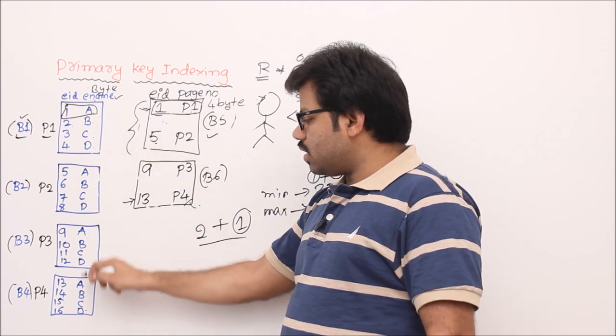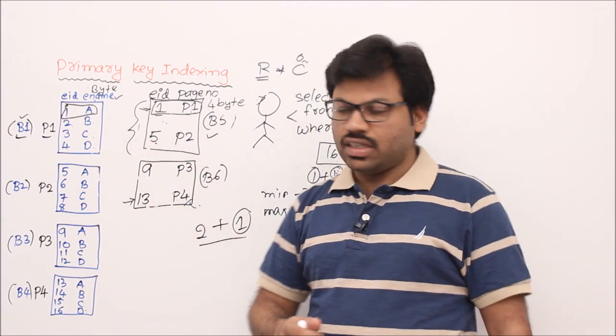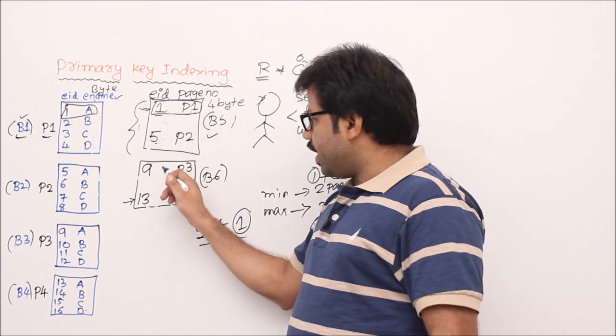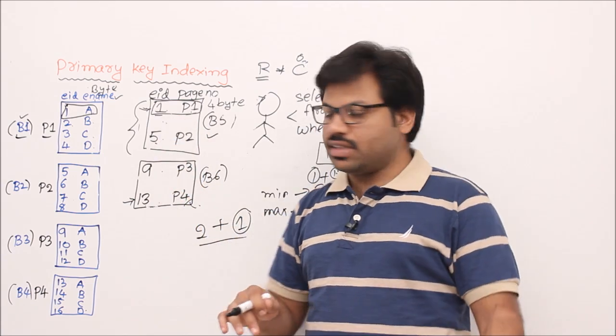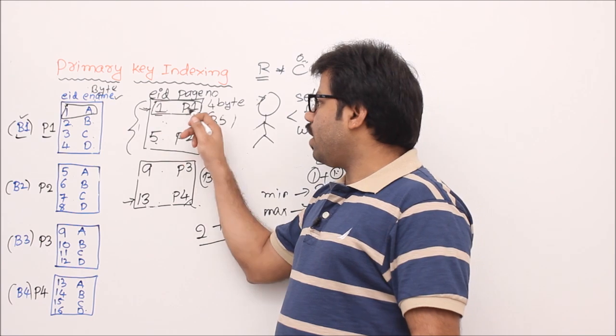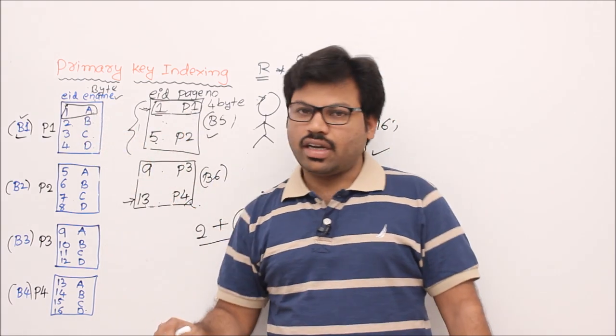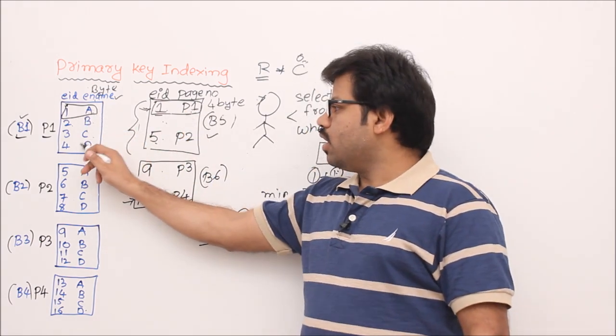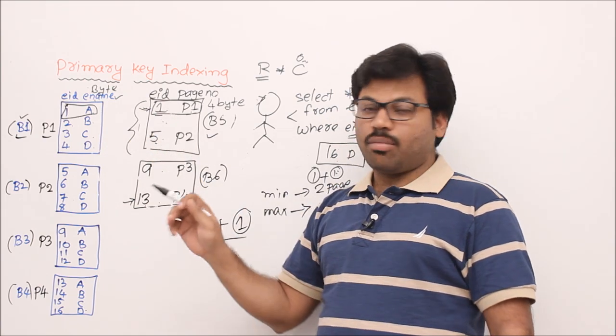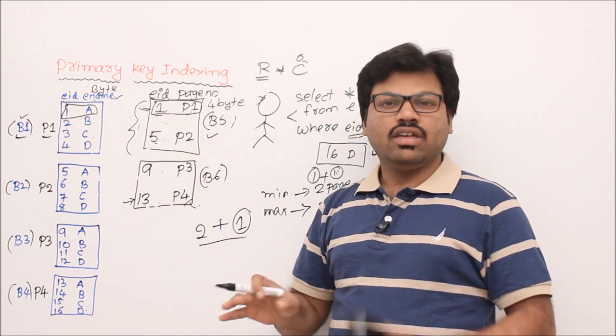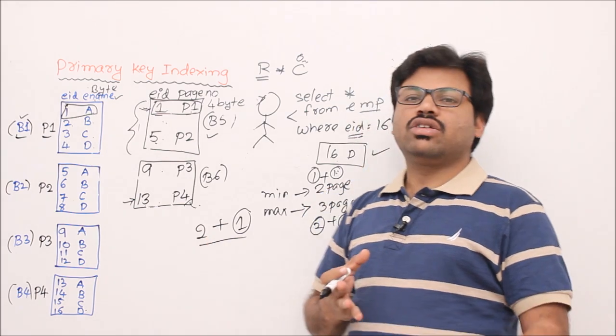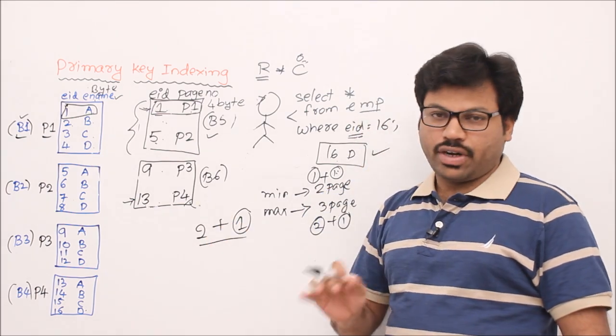If the number of records in the original file is X, then the number of records in your index file will be definitely smaller. The reason is we are not creating an entry for every record of the main file, correct? For every page, you are only creating one entry, so the number of records here will be definitely smaller. That is one important point you should realize.